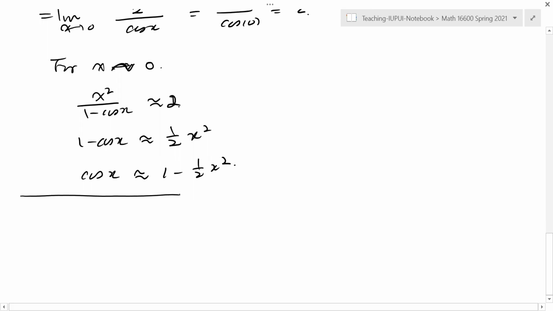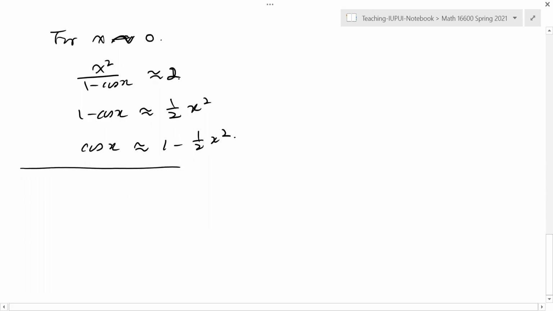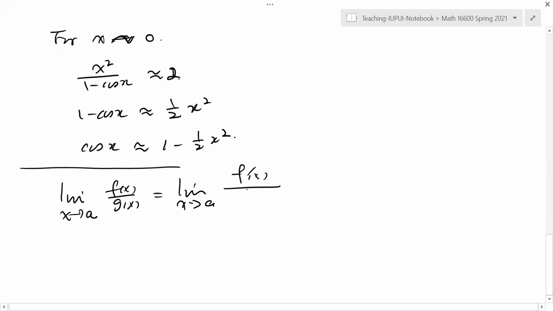Now, in the above formula, we only said the limit as x approaches a. Actually, this holds when a is plus or minus infinity. This holds for the case when a equals plus or minus infinity.